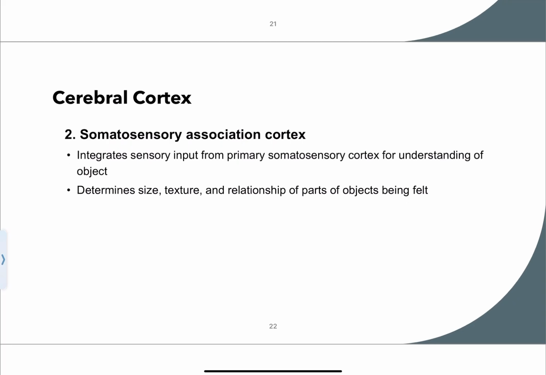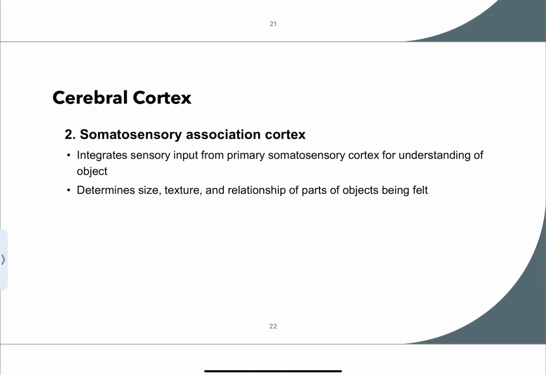The next one is going to be our somatosensory association cortex, and this is going to integrate sensory information input, so things like temperature and pressure, from our primary somatosensory cortex to help us understand the object. So we can determine things like the size of the object, the texture of the object, and the relationship of the parts of the object that are actually being felt.